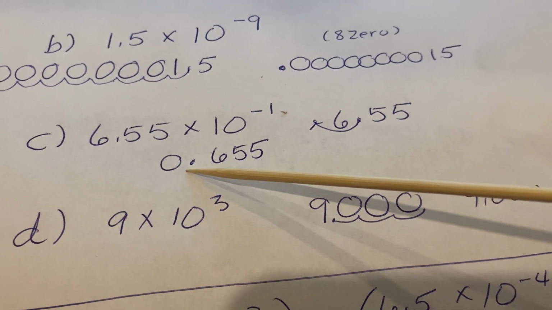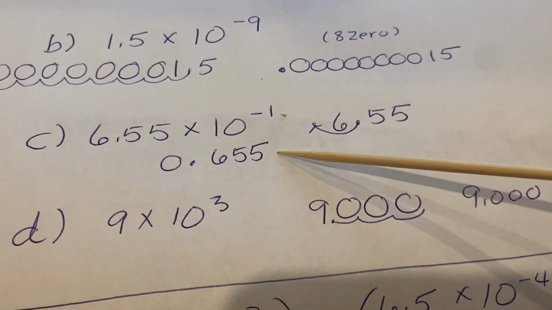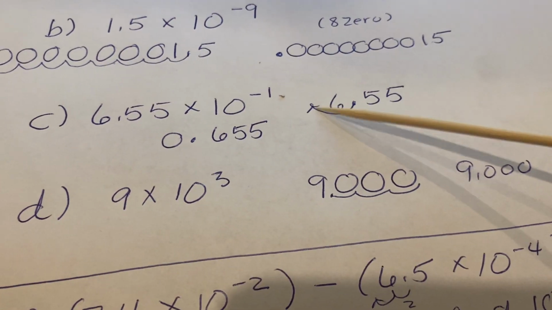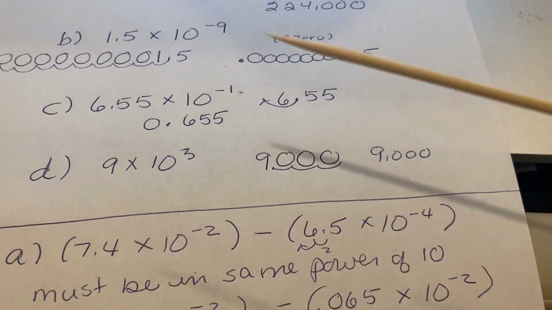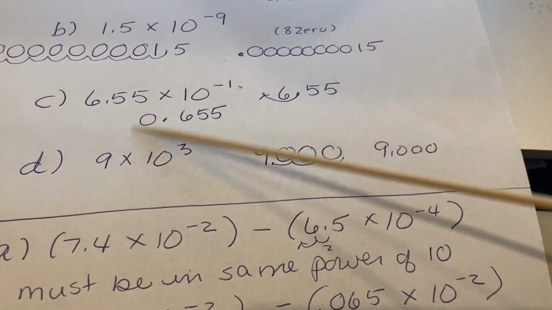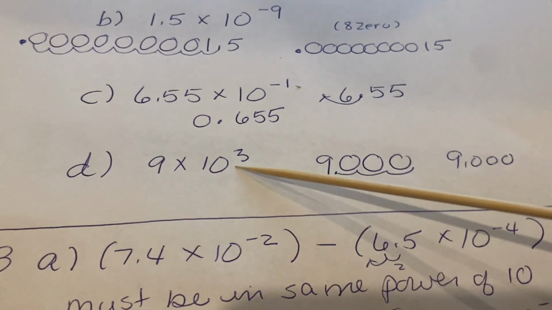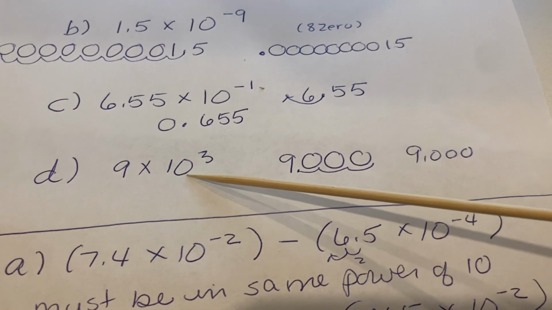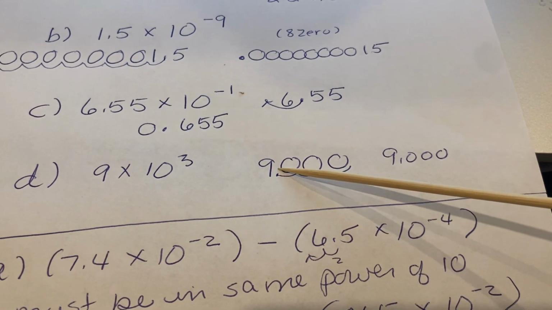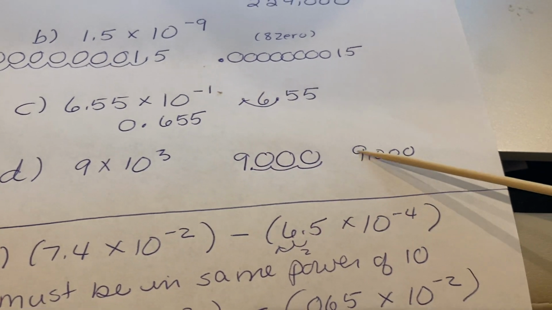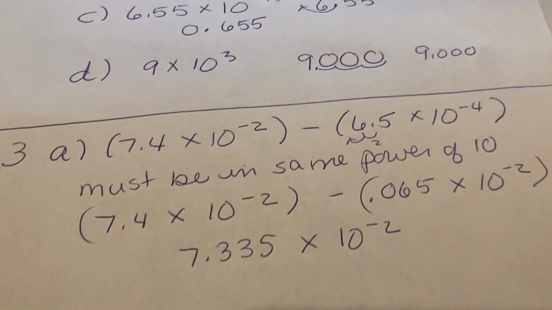I put a 0 before there, so 0.655. We just moved it over 1 place there. D. So we have 9 times 10 to the third. We're going to add 3 zeros here, but here we got the decimal point here. 1, 2, 3, 9,000. Okay.